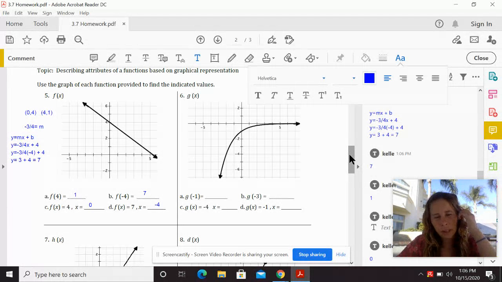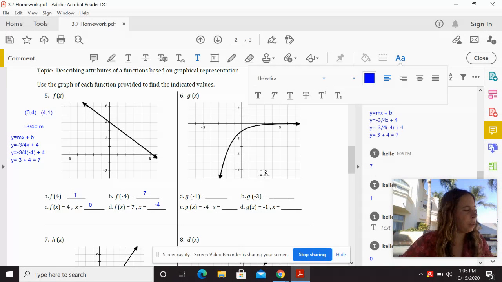Let me see if there's anything weird on this one. Let me look for a second. So you're going to find g of negative 1. No, that's good. g of negative 3. Hold on. I'm trying to decide if I need to do this all for you.